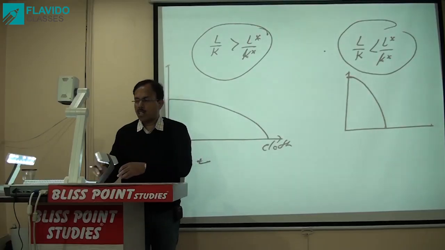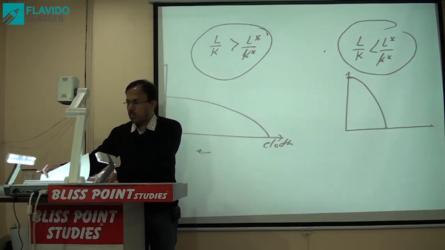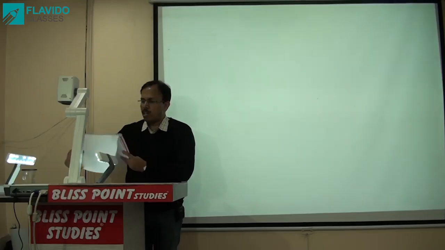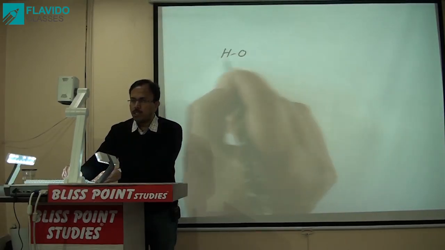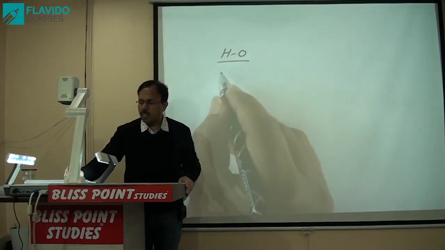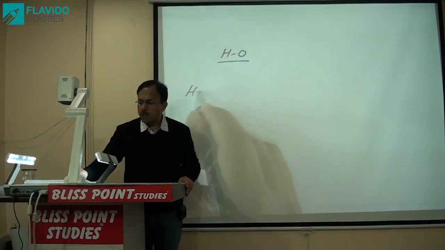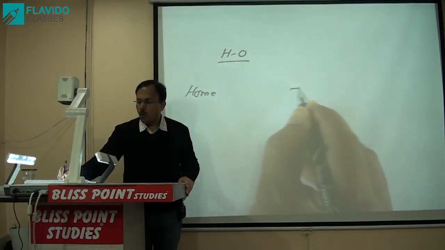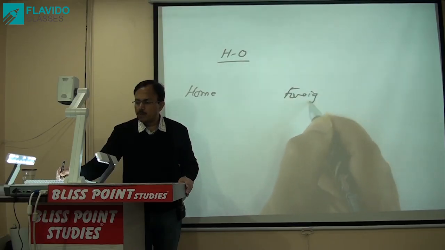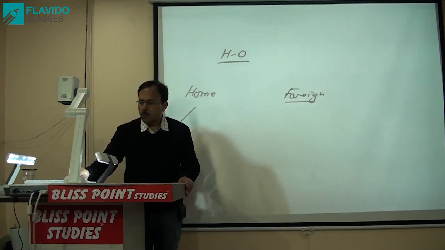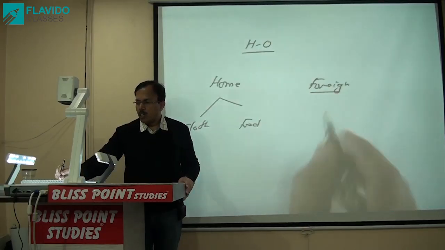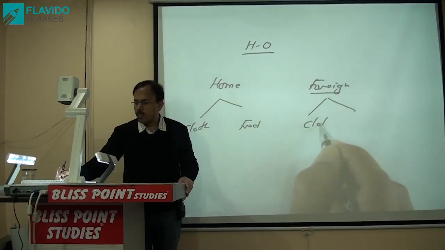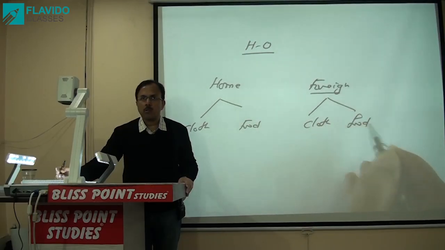HO model assumes what? The HO model has important assumptions, and an important assumption is that if we have to explain trade between the home country and foreign country, which produces two goods, cloth and food, the foreign country also produces two products, cloth and food.